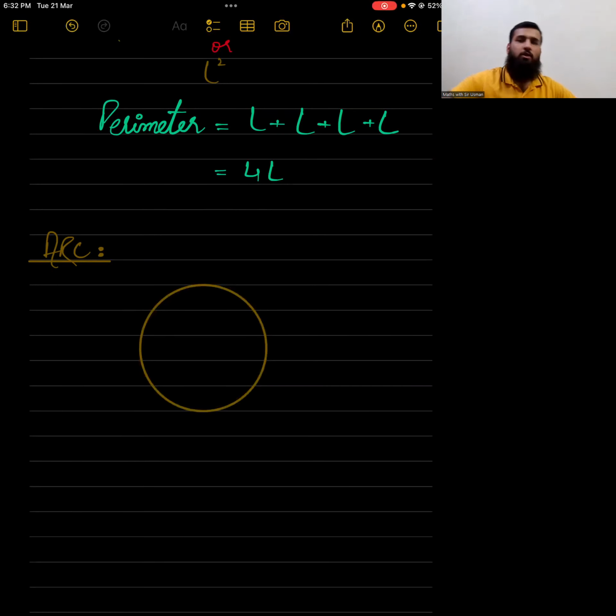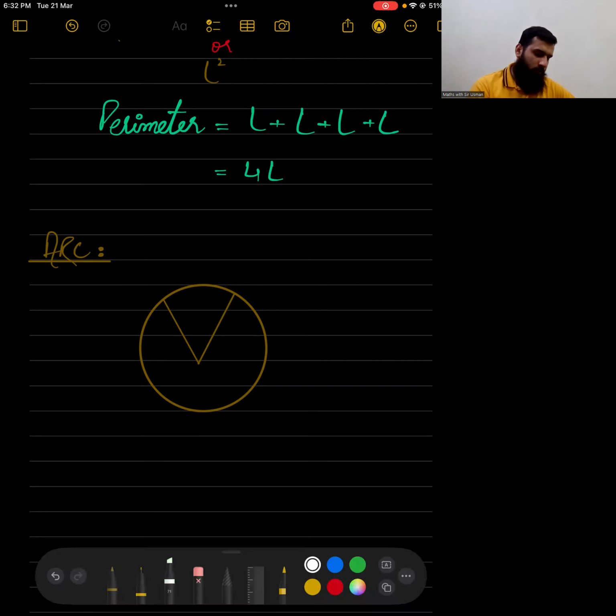So if we look onto a circle, like if we are looking onto a pizza, we cut off a part of it or a slice out of it, we will have something looking like this. So this would actually be the shape of the slice of pizza that you would cut off.